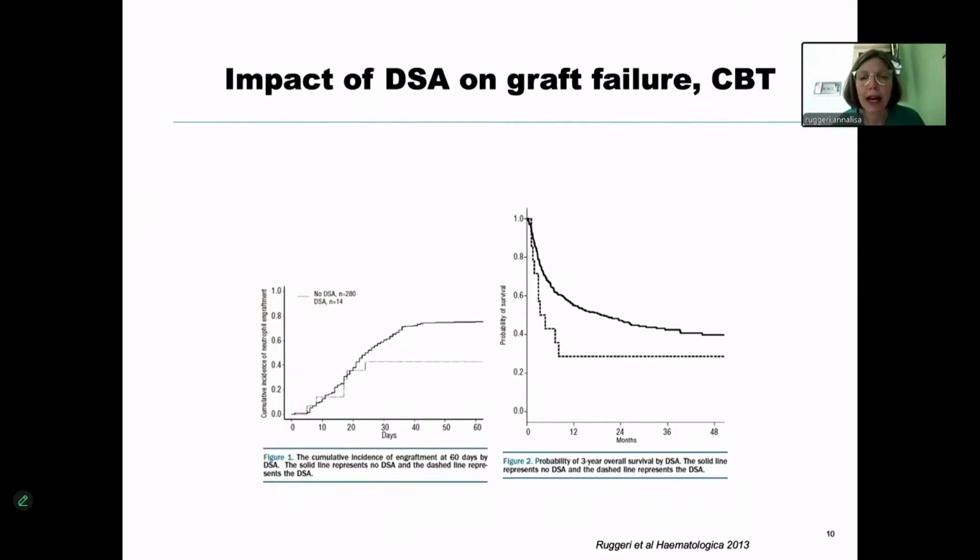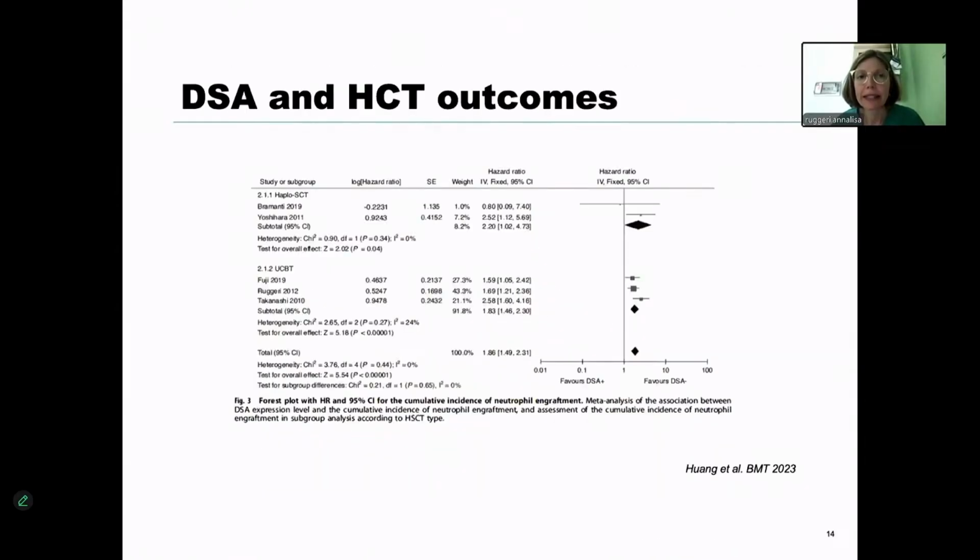So not only a higher incidence of graft failure, but also a lower probability of overall survival and progression-free survival. This raises the need to understand how this should be considered in the preparation and workup of patients before transplantation.